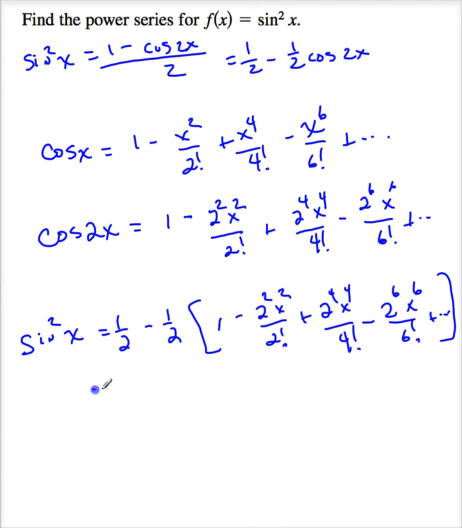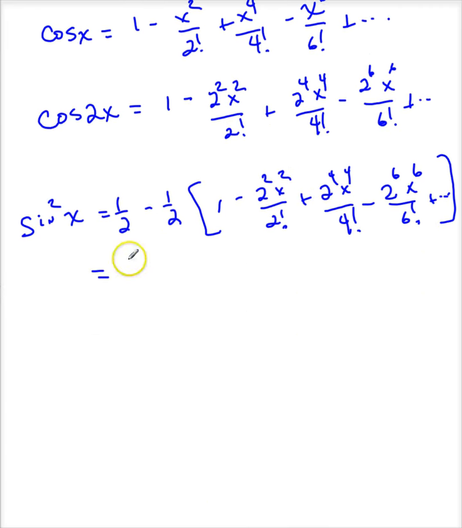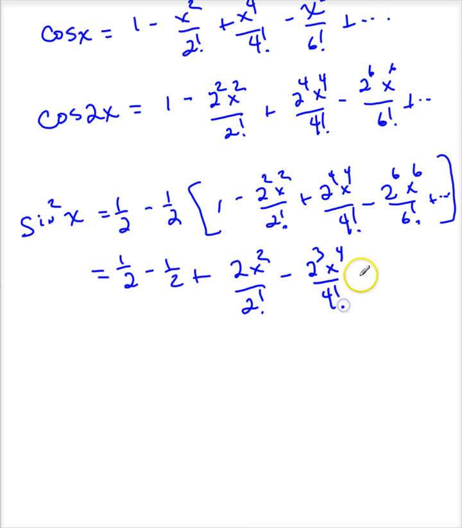All right, so when I rewrite this, what do I have? I have 1/2 minus 1/2 plus, I left the 2's in there for a reason because I knew I had this 1/2 on the outside, 2x squared over 2 factorial minus 2 cubed x to the fourth over 4 factorial plus 2 to the fifth x to the sixth over 6 factorial plus.